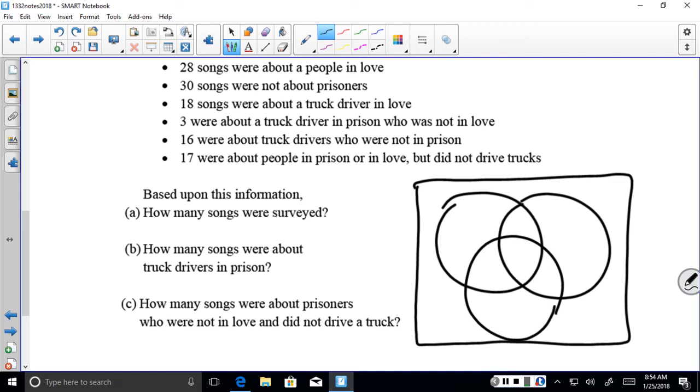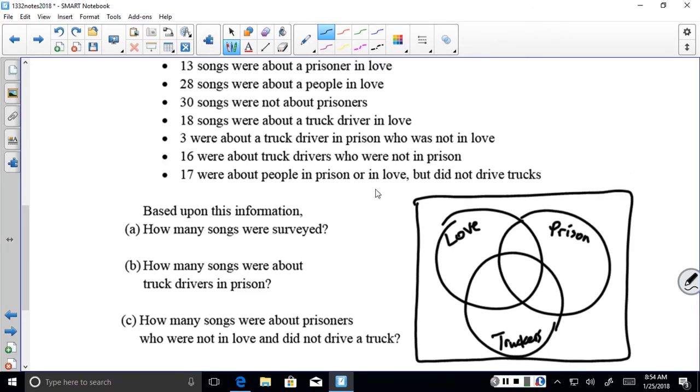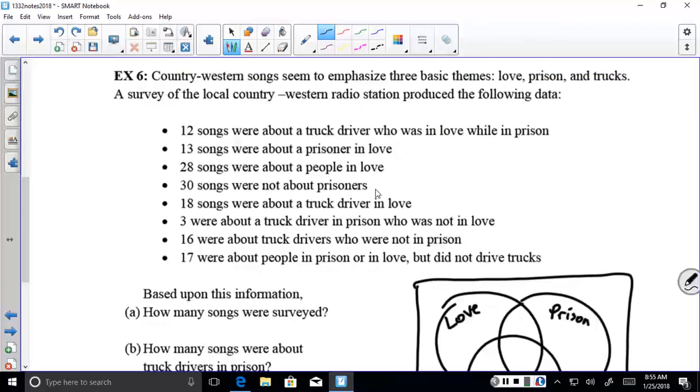And I'm going to label one of them love, one of them prison, and one of them truckers. And so it doesn't tell us how many there were.